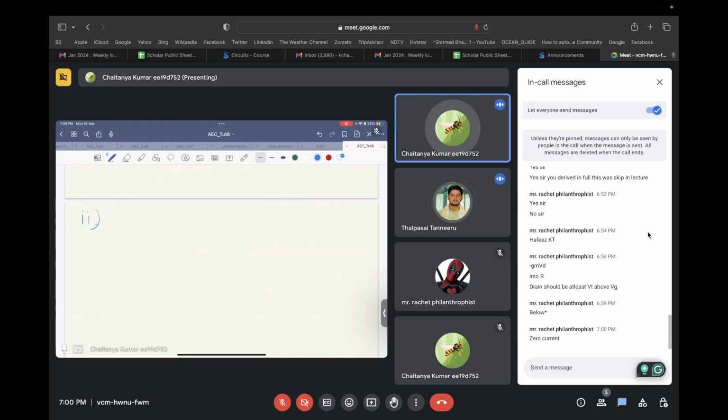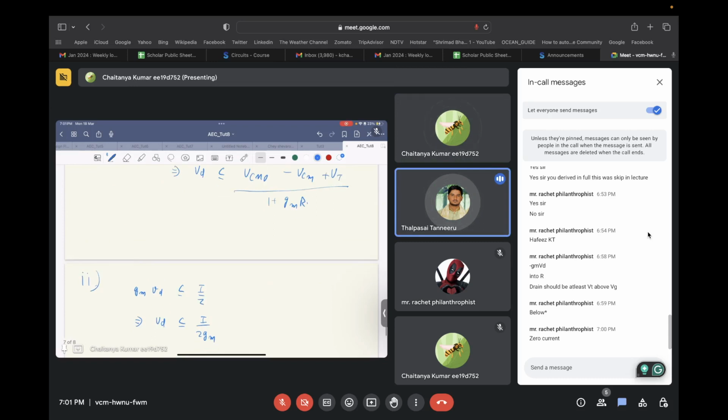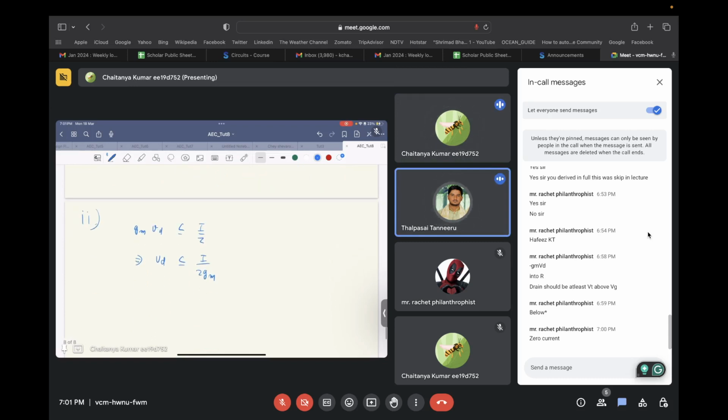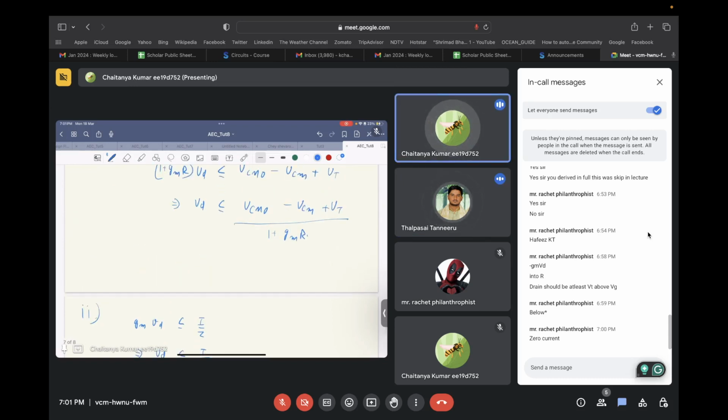So GM times VD must be less than or equal to I by 2. So VD shall be less than or equal to I divided by 2 GM. Correct? Yes, sir. Okay. So the maximum voltage also we will calculate based on this, right? Correct. This is basically what you have.